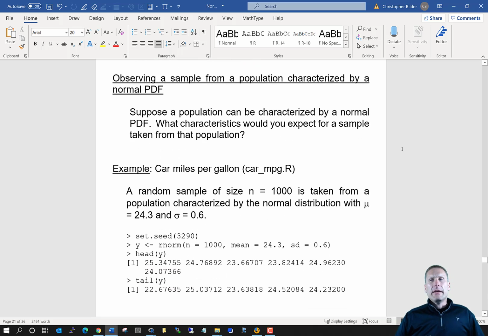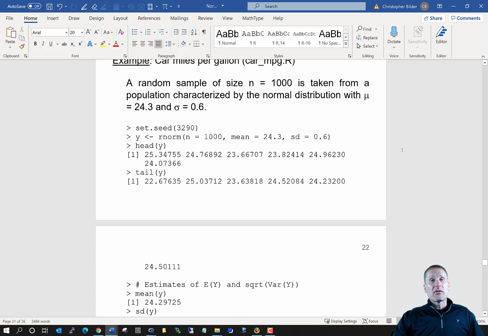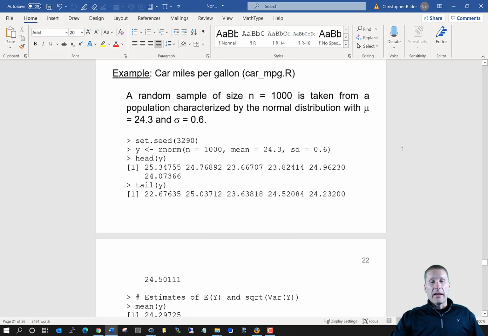Okay. Next, what does a sample look like from a population that can be characterized by this normal probability distribution? And so let's actually have R simulate a sample for us in much the same way as we've done in other cases. So let's say I take a sample of size 1,000. Very often we always use n to denote our sample size, little n that is.